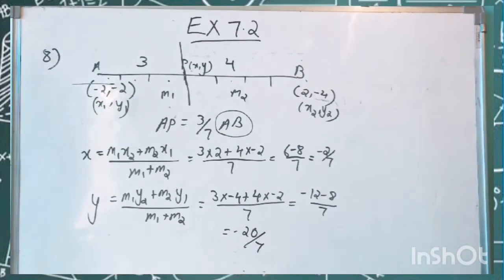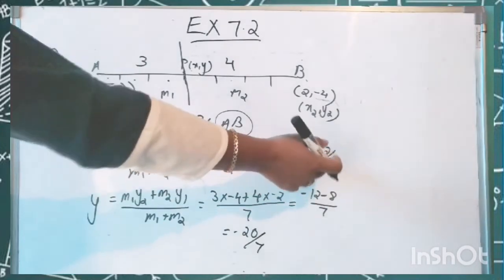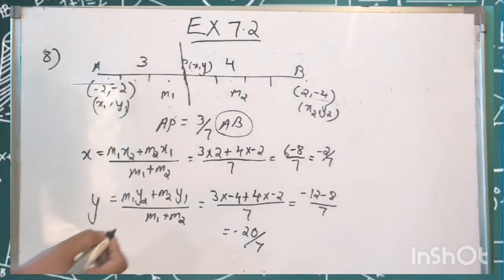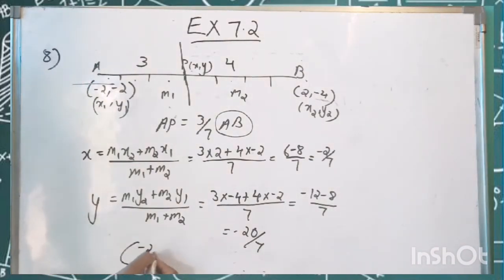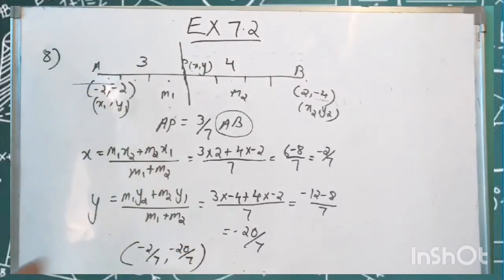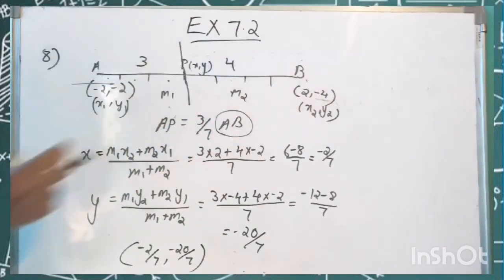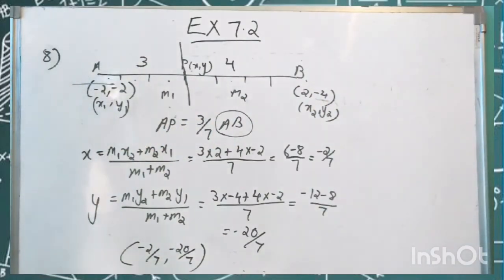So the coordinates of P are -2 by 7 and -20 by 7. Therefore, the required point (-2/7, -20/7) divides our line AB in the ratio 3:4.